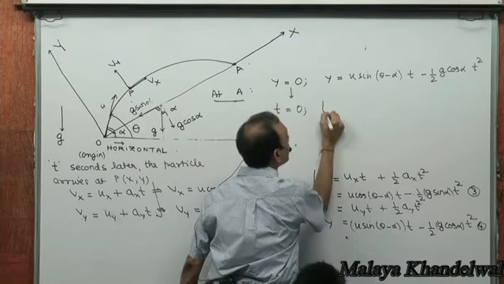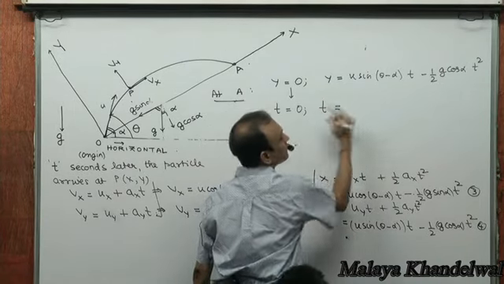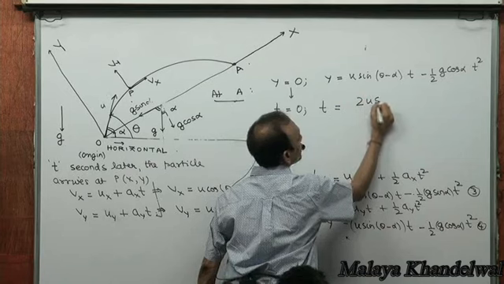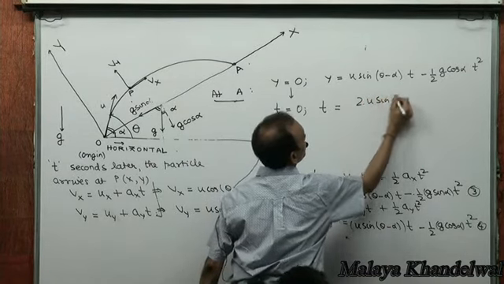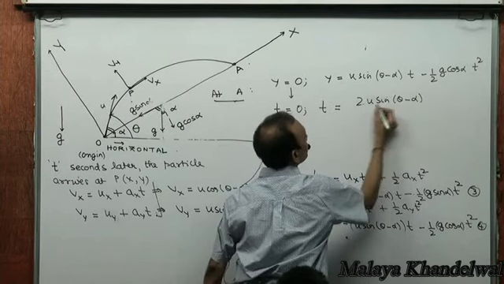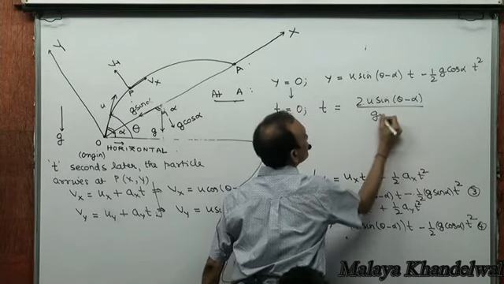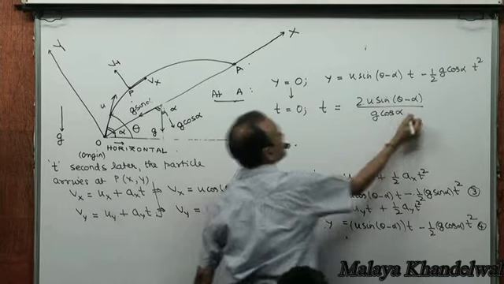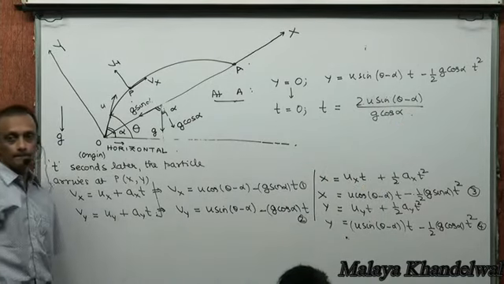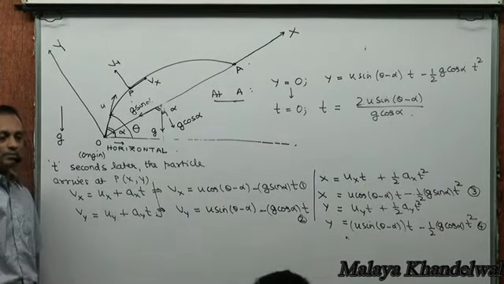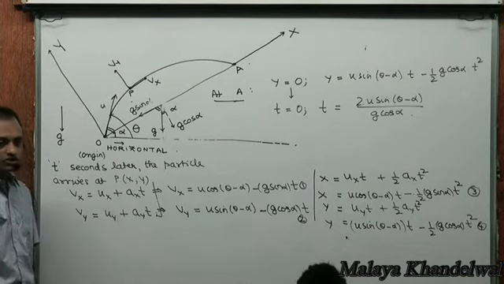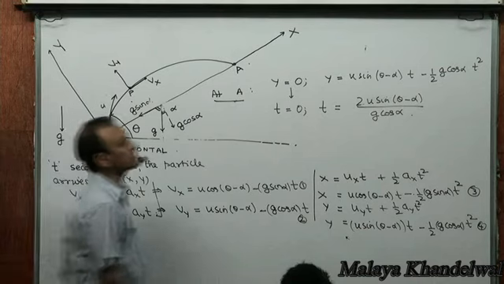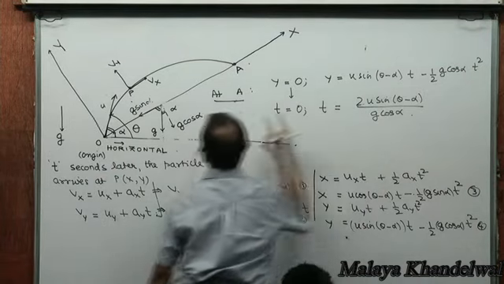The other value of time that you get when you plug in y equal to 0 is 2u sin(theta minus alpha) by g cos alpha. What is u sin(theta minus alpha)?